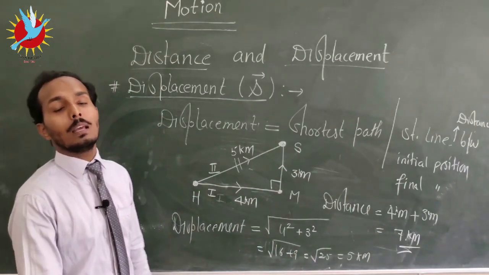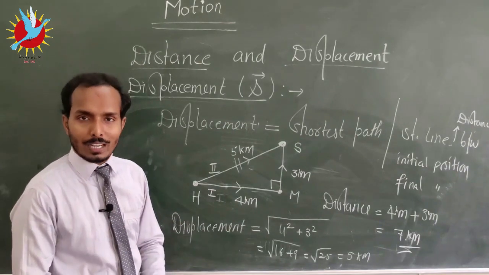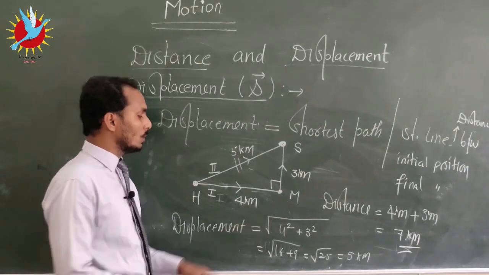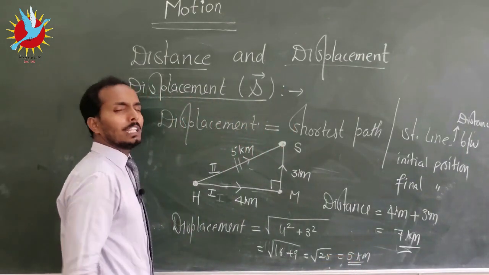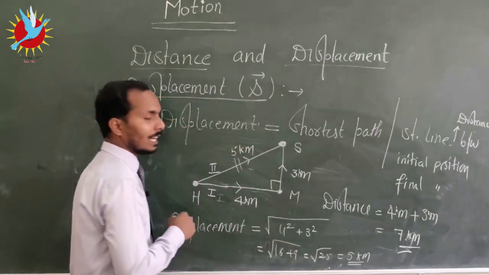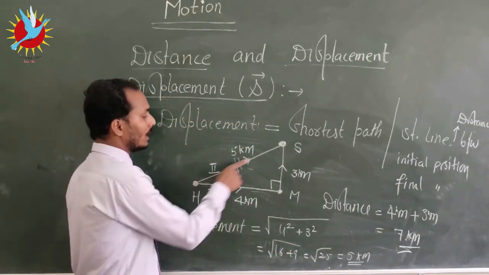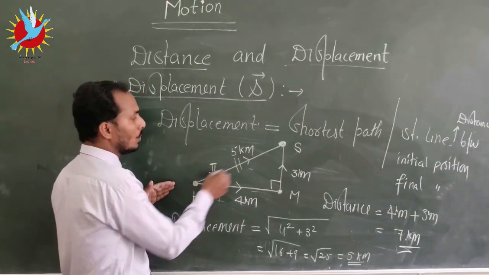But what I am saying is that displacement is a vector quantity, so it has magnitude. I calculated the magnitude as 5 kilometer. Magnitude means numerical value. Now this path also has a direction, from home to school.